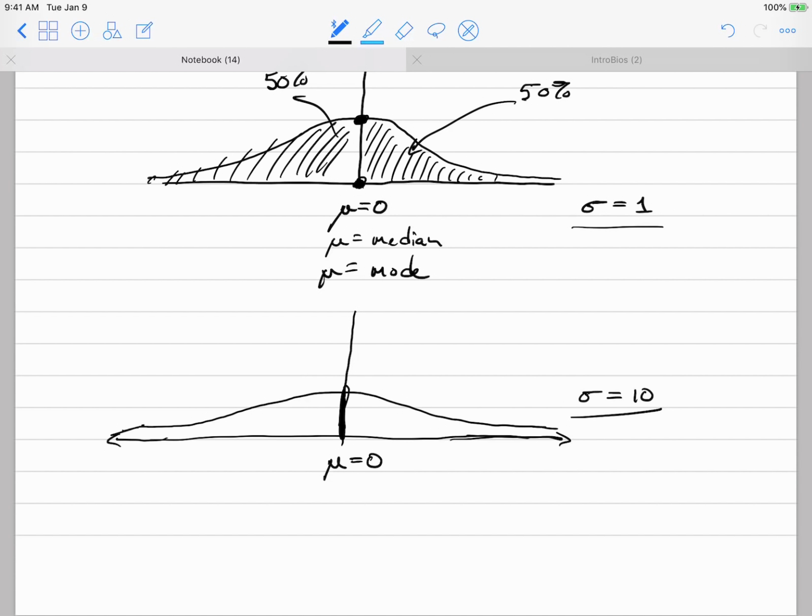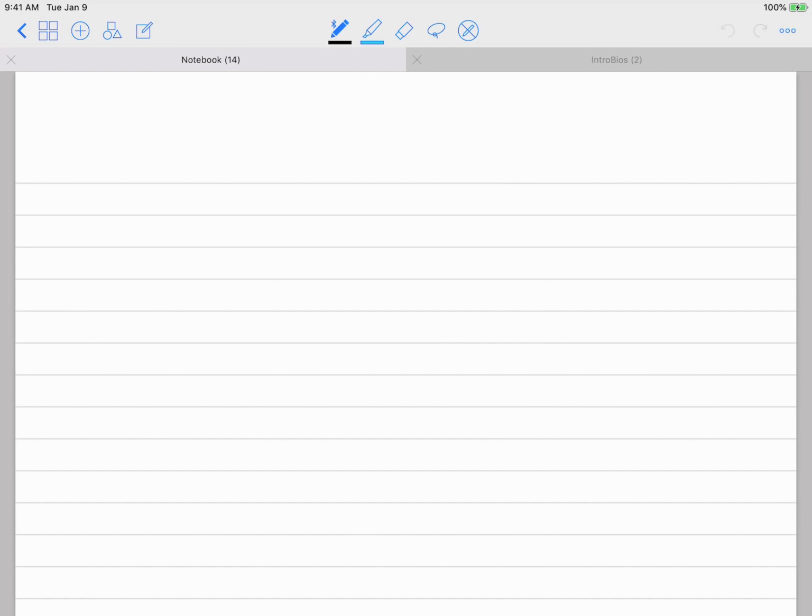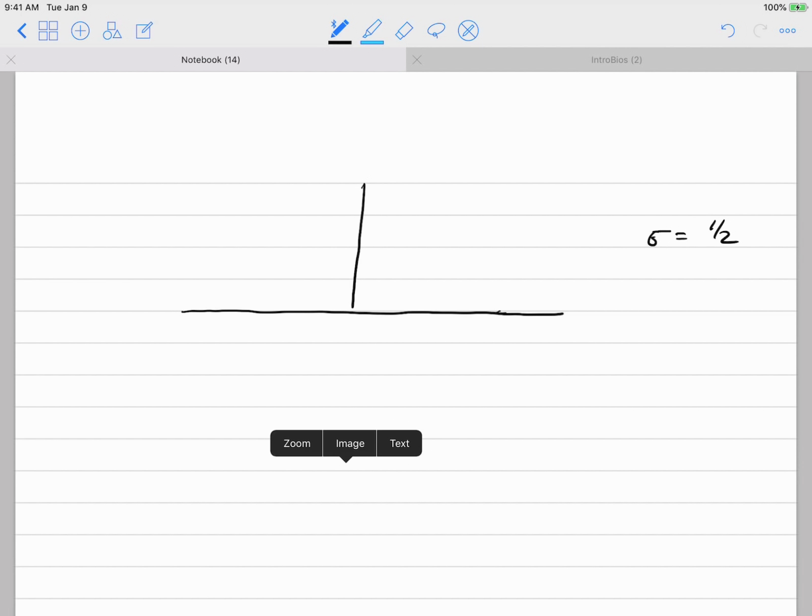Now, if we were to decrease sigma, let's say we want to look at a normal distribution with, instead of sigma equals 1, sigma equals half. What would that do to the corresponding distribution? As you can probably intuitively guess, it would make it more peaked.